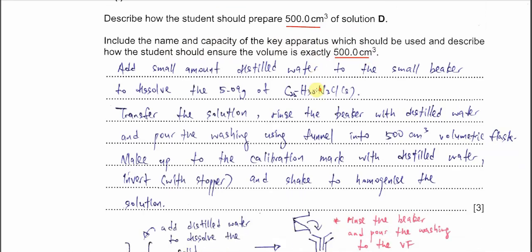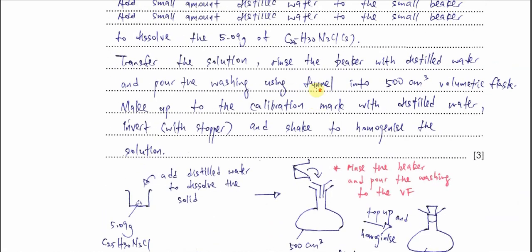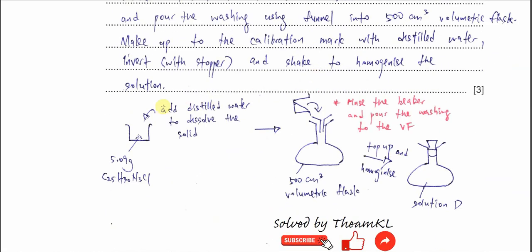First, because this is a solution preparation using a solid, we must start from the solid. We put 5.09 gram of the purple dye into a small beaker. After that, we add a small amount of distilled water. It must be distilled water to dissolve the solid. Once the solid fully dissolves, we pour the solution into the volumetric flask.